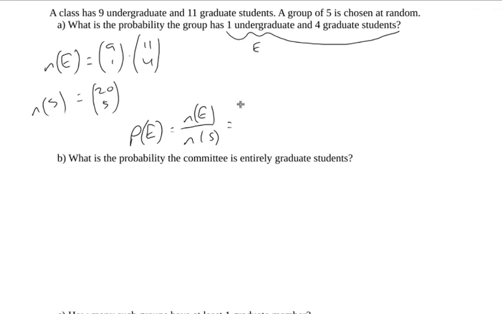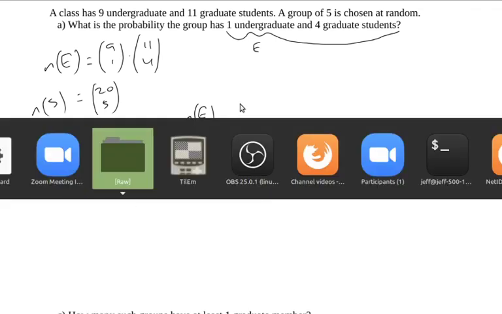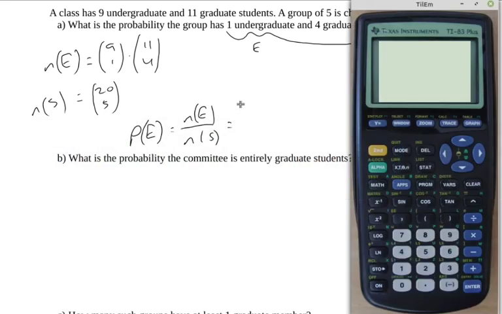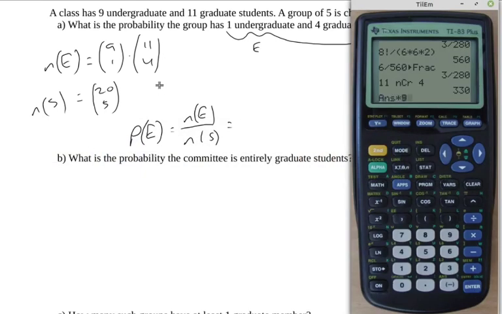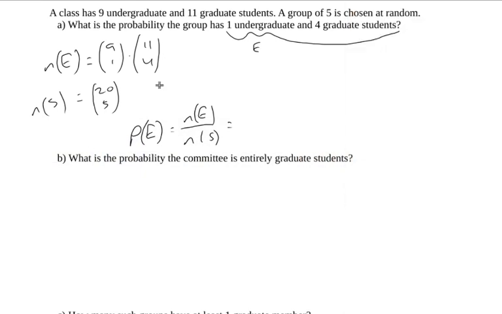So let's see, 9 choose 1 times 11 choose 4. I might actually figure those numbers out. 9 choose 1 is 9. That one's easy enough because it's choosing 1. But 11 choose 4 I'll actually enter into my calculator. That's 330. So 9 times that is 2970.